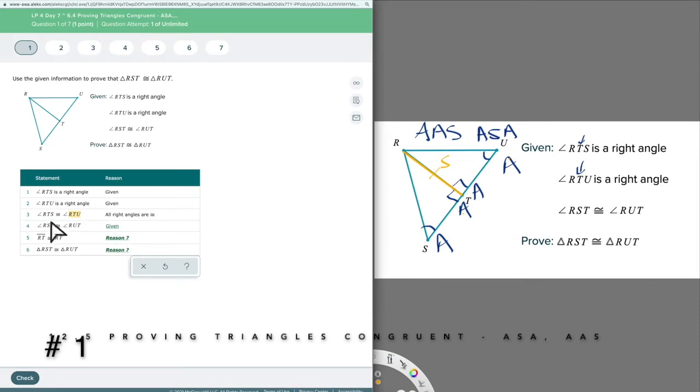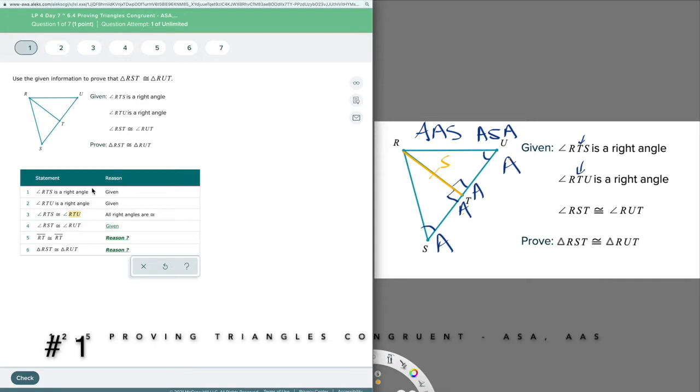So the given information is an example of socks. It doesn't matter when I put the socks on, as long as I do it before something else that depends on them. So like this, all right angles are congruent would be an example of the shoes. Because before I state this, why am I stating this if I don't know that they're right angles?